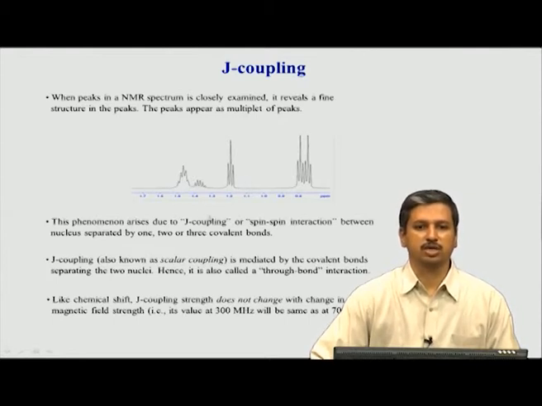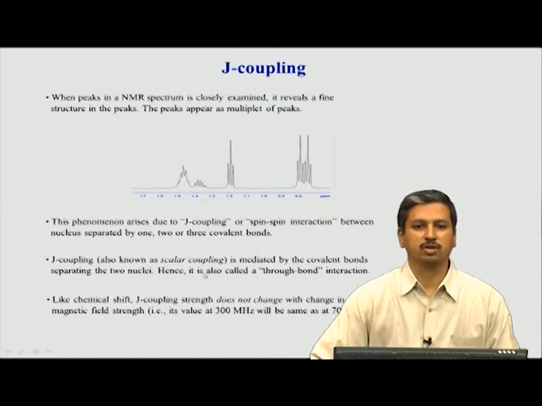So, what is J coupling? J coupling is basically the interaction between 2 spins, and therefore we also use the word spin-spin interaction. We will look theoretically at where it comes from, and because of this interaction the peak of each of the spins is resolved or split into more lines.